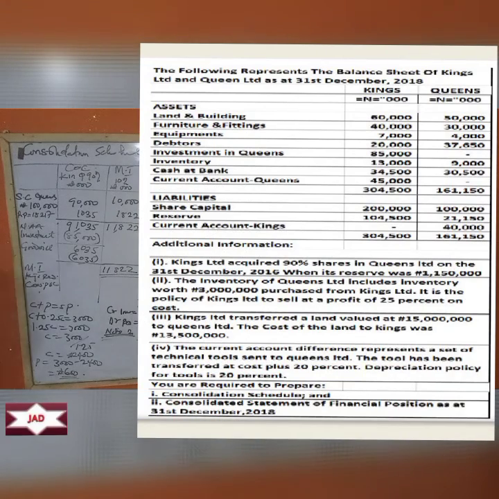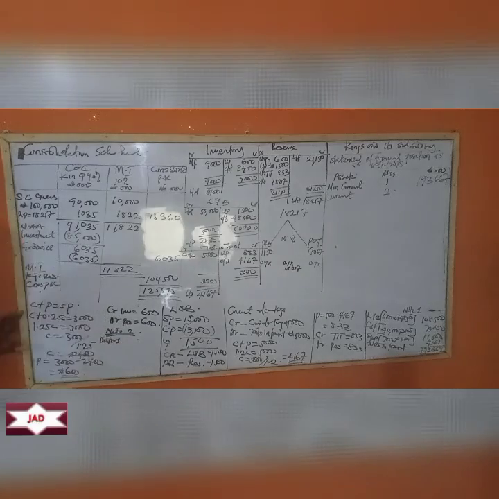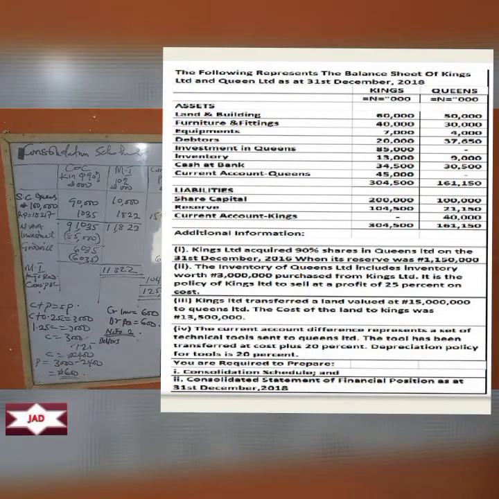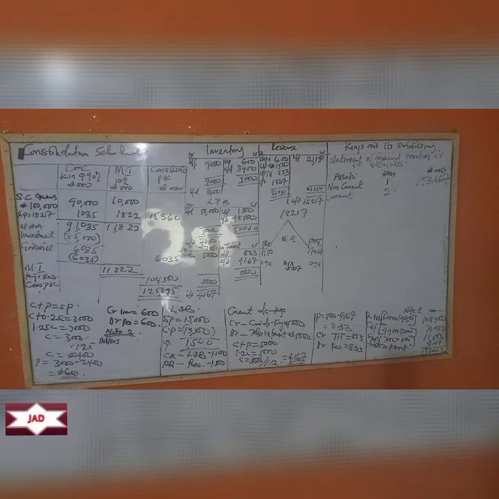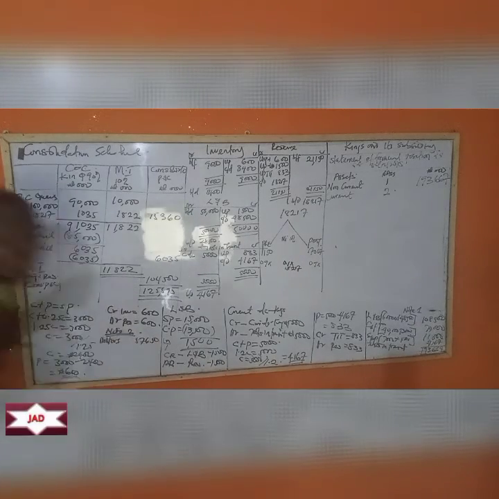Debtors. Debtors is what? 20,000 plus 37,650, that's 57,650. What's the next one?